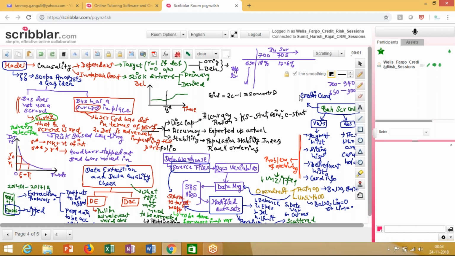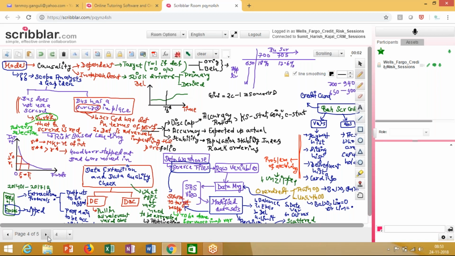As a part of that, we have talked about the concept of data extraction, and scope analysis. So scope and gap analysis, followed by data extraction, and that followed by the data quality check. Okay. And in the last class, we were talking about the data quality check exercises.